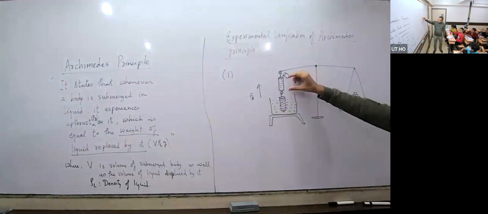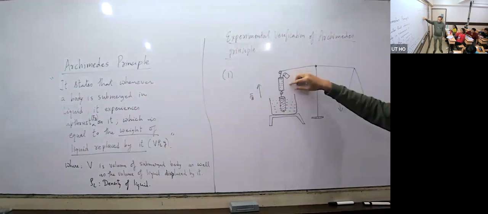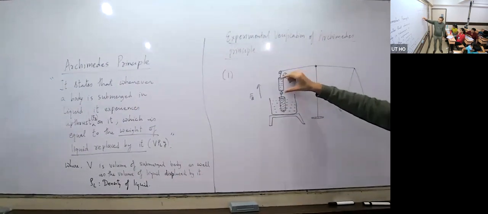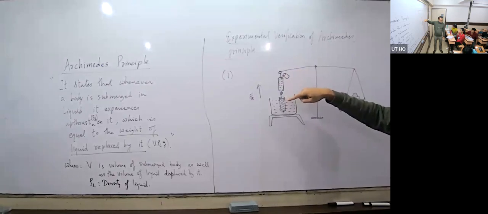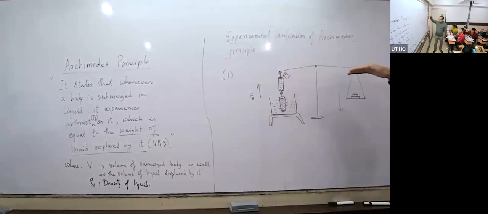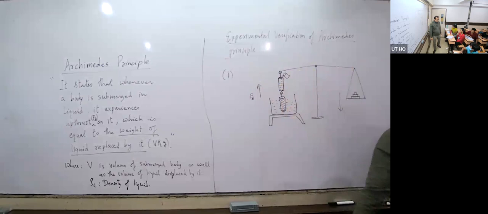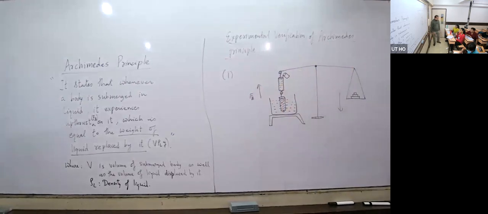Because when we fill this hollow cylinder, the volume of this and this is same. So this volume of liquid's weight is same as the liquid displaced by this. Therefore, it proves Archimedes' principle. Understood? Read the description given in the book. Let's see if it is clear to you.